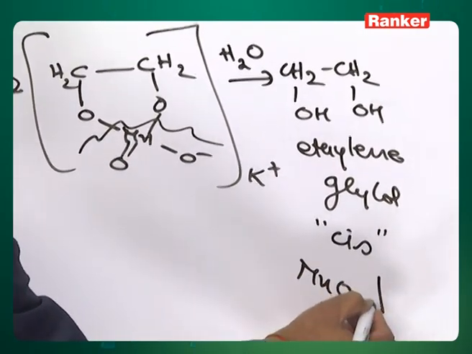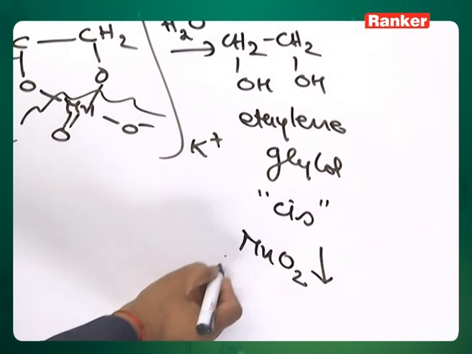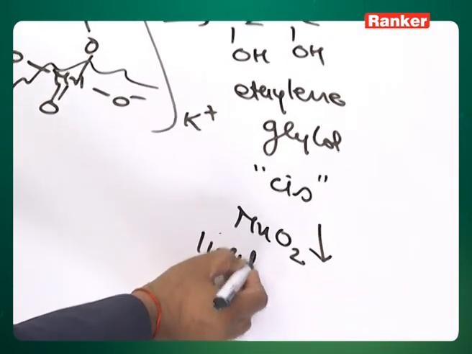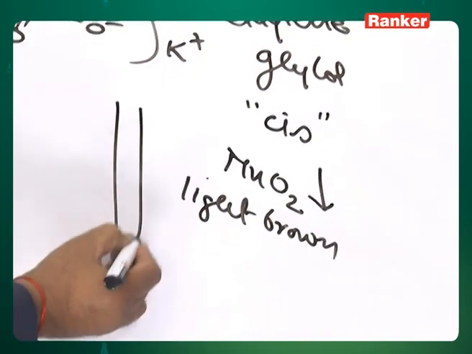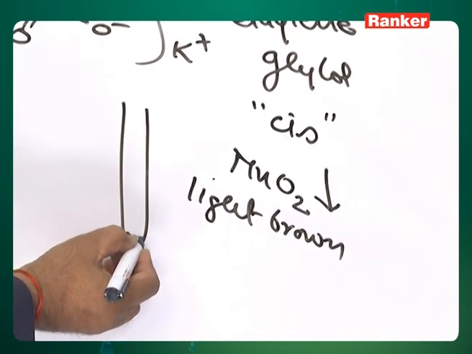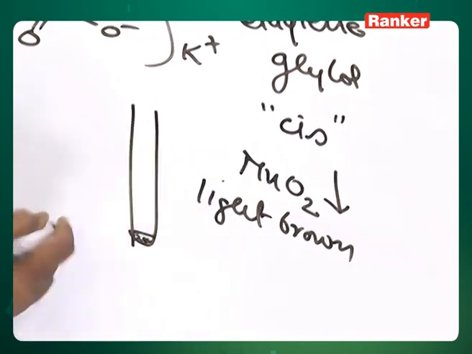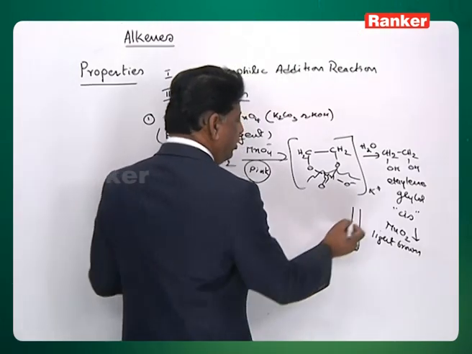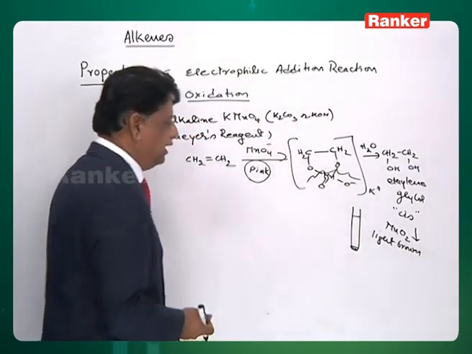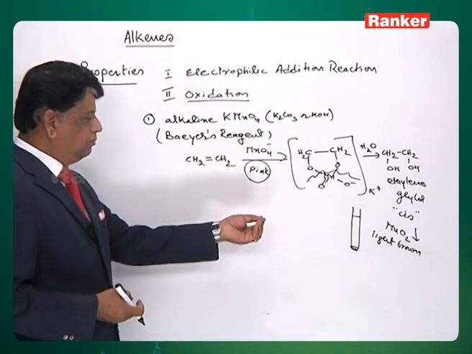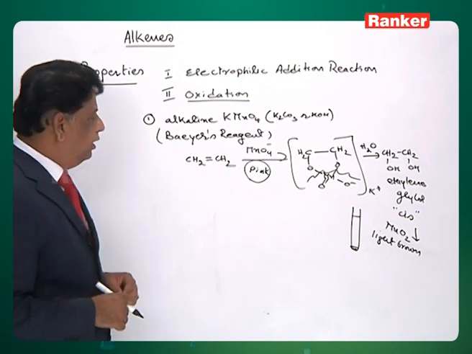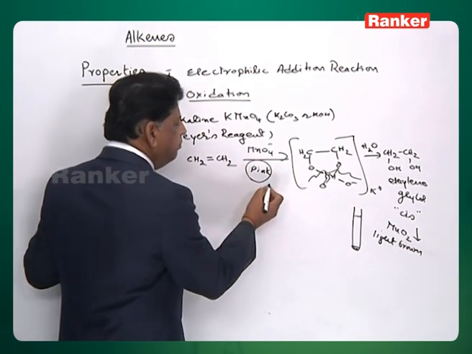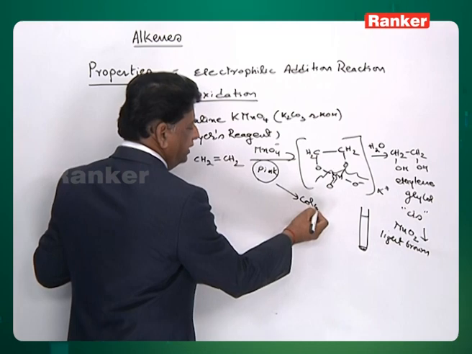This MnO2 is actually a precipitate with a very light brown color, and in the test tube a small quantity of MnO2 will form at the bottom. So the entire test tube will be colorless and a small light brown precipitate will be observed at the end. Really speaking, you get pink to colorless.